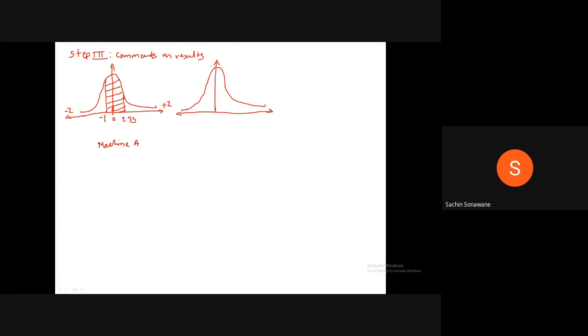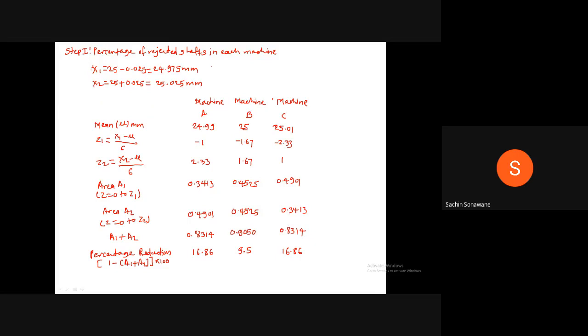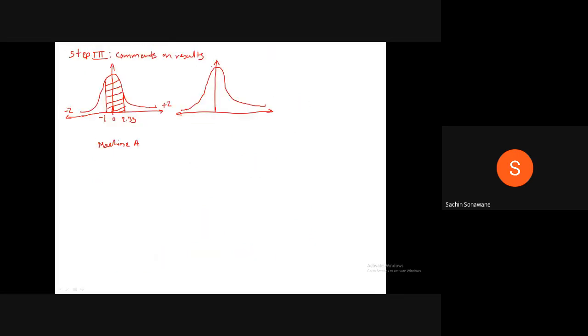Now for machine B, Z1 is equal to -1.67, Z2 is equal to plus 1.67. Therefore, both are symmetric. Try to understand the diagram.